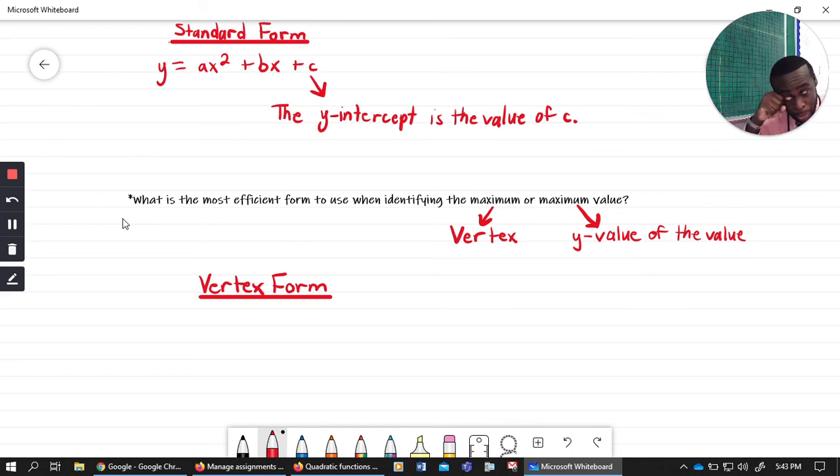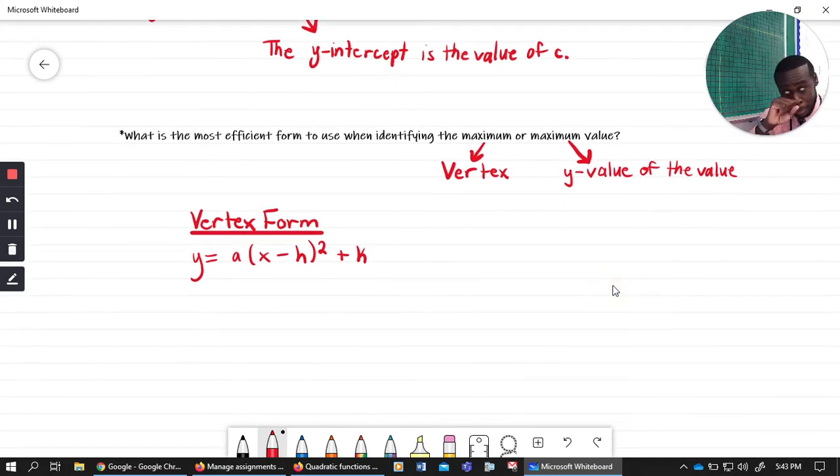Anyway, all right. So remember that the vertex form is this form here. y equals a times (x minus h) squared plus k. And so guys, remember that in this form you identify the vertex by using two of those components, the h and the k, right?